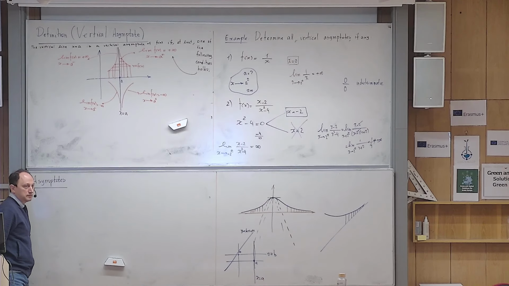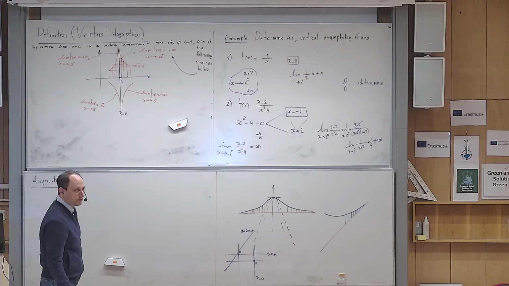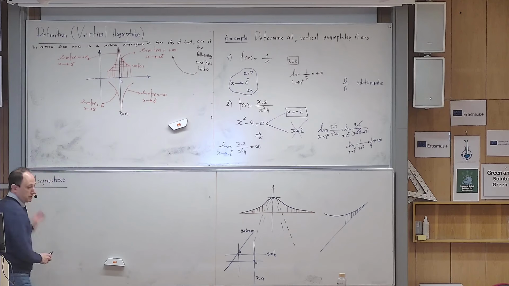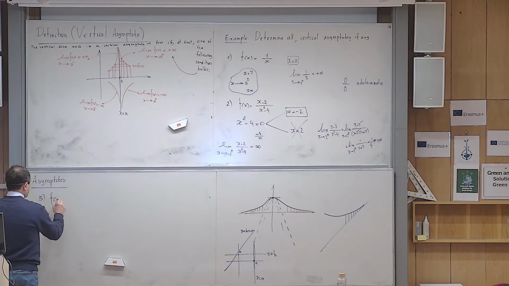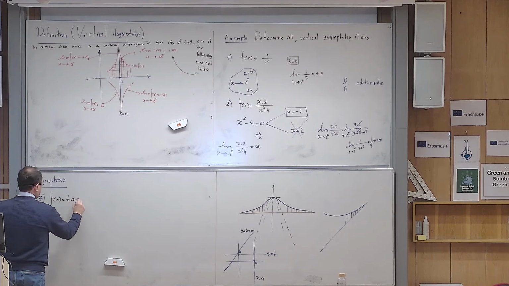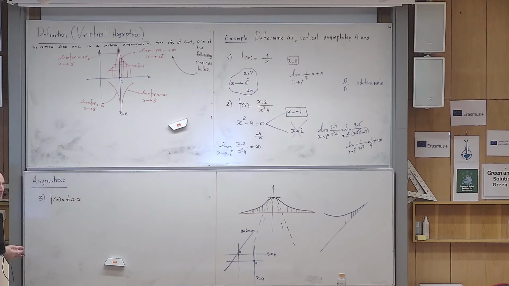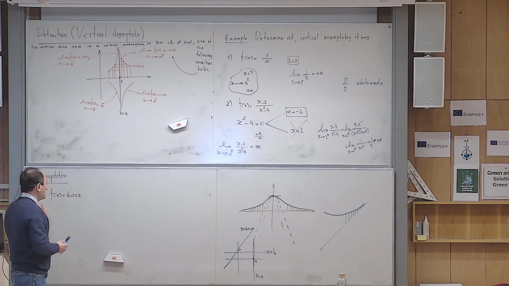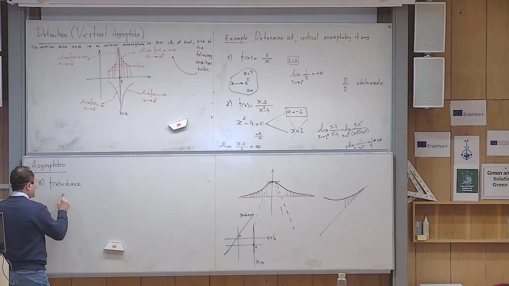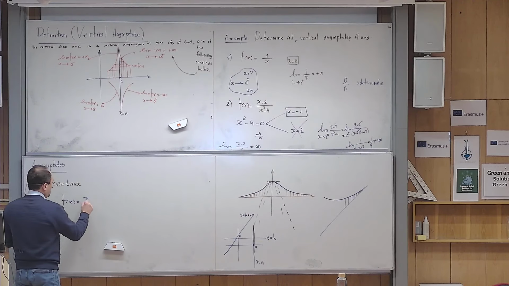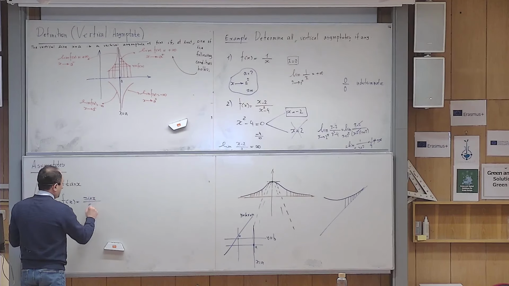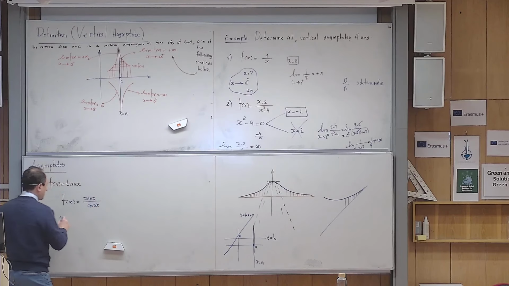Yes? Tangent. The tangent function, yes? So the tangent function has infinitely many vertical asymptotes. So let me write it as number 3. f of x is equal to tangent x. So tangent x is an invisible fraction. So it is still in that category, because if I want to solve that, I can imagine that this is written as sine over cosine, and then the candidates are the zeros of the denominator.